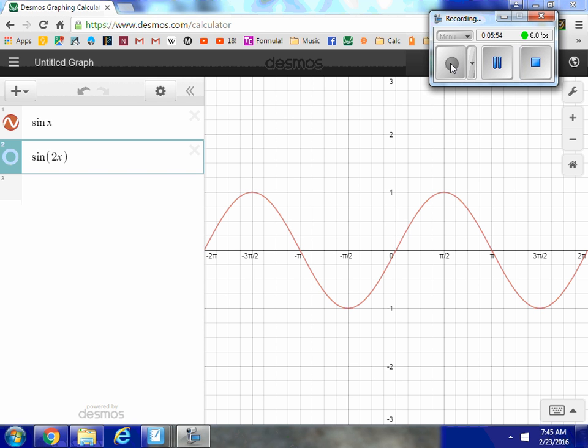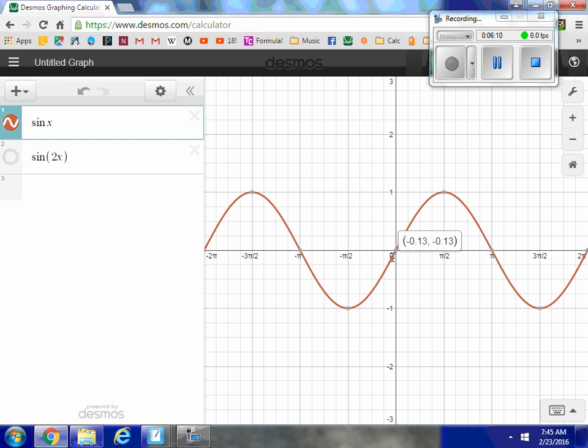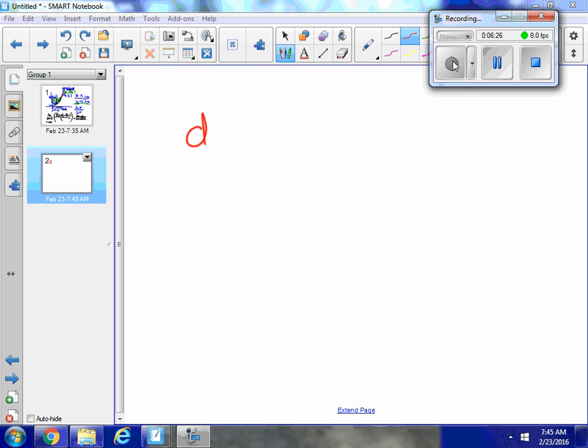So let's take a look at the sine function. This is a nice function to describe this with. And if I look at the sine function, you're going to have to follow my little arrows here. But when I look at the sine function, right in this very tiny area, right at the origin, you can kind of see that my slope there is 1. Now we know that the derivative of the sine function is cosine.